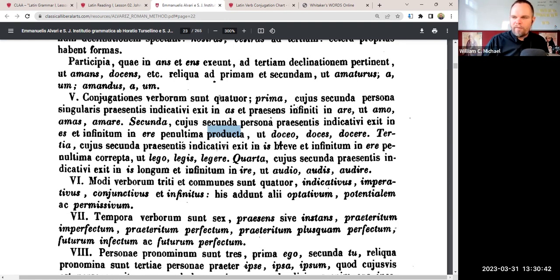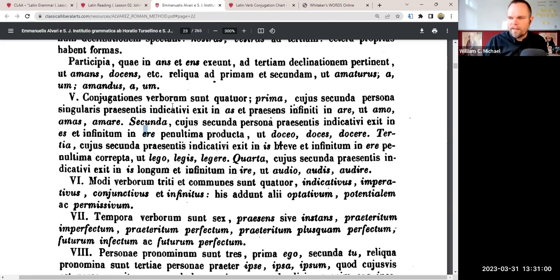So the infinitive in the second conjugation ends in ERE, and that E in the penultimate syllable, the second to last syllable, that first letter of that ending is a long E, okay?